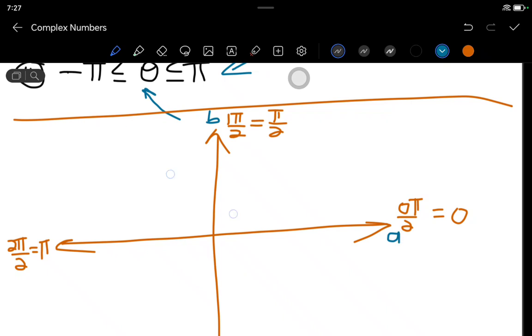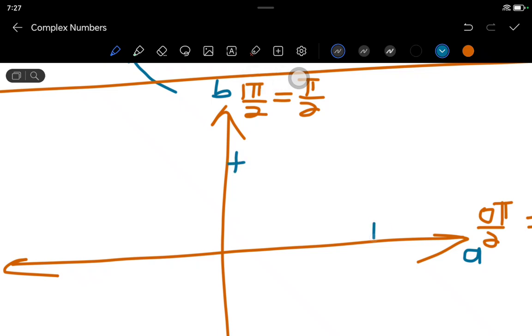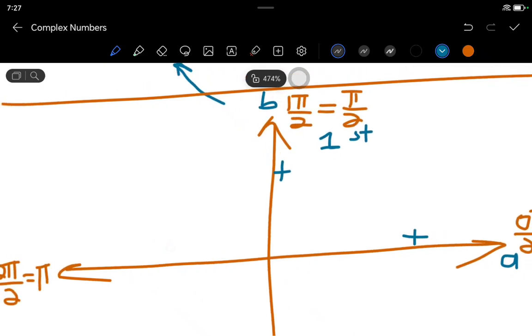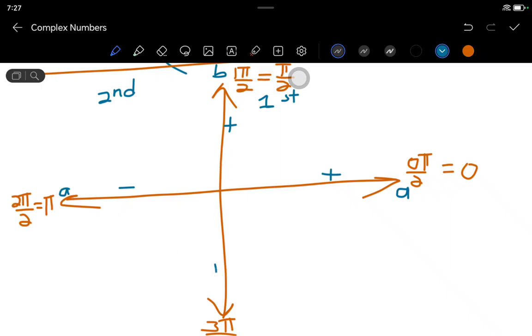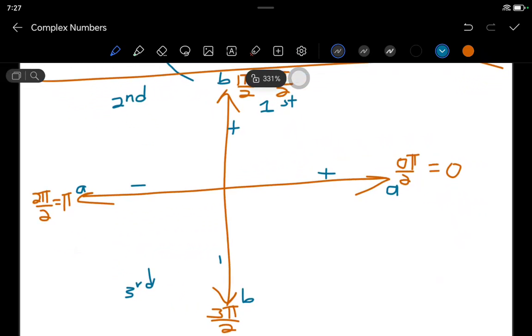Now, this is positive, positive. It means that if A and B are positive, our z will lie in the first quadrant. If B is positive and A is negative, our z will lie in the second quadrant. If they are both negative, our z is going to lie in the third quadrant. If B is negative and A is positive, it's going to lie in the fourth quadrant.